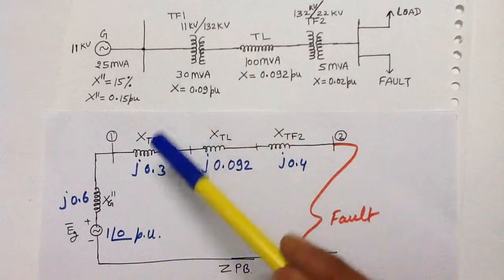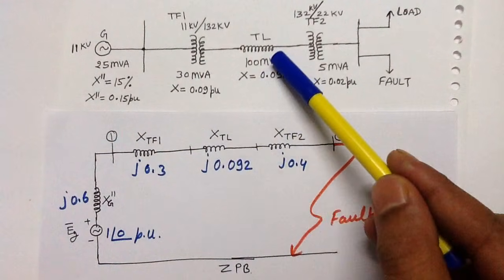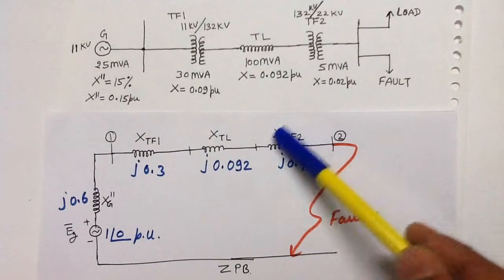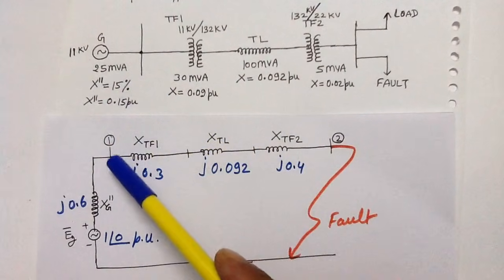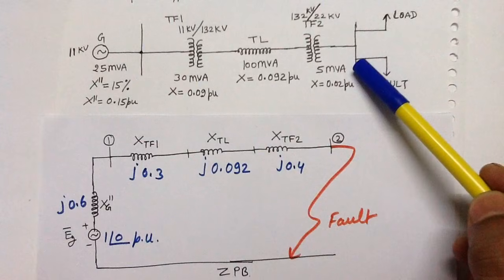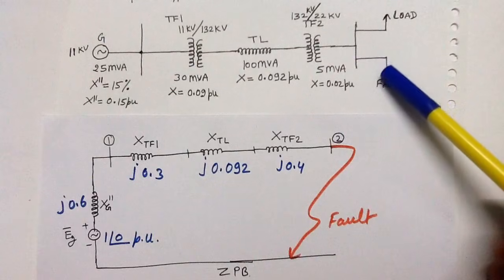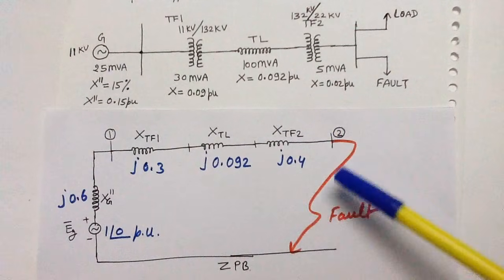XTF1 is the transformer number 1 reactance, XTL is the transmission line reactance, and XTF2 is the transformer number 2 reactance. This one is bus bar number 1, this is bus bar number 2, which is a 22 kV bus bar. And as given in the problem, the fault occurs at the 22 kV bus bar, that's why I have shown a fault here.